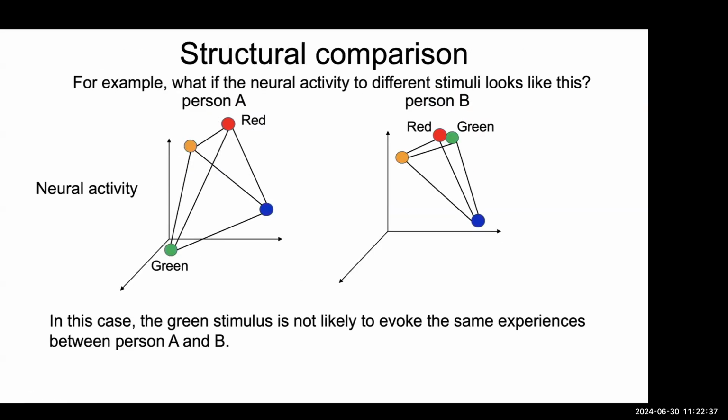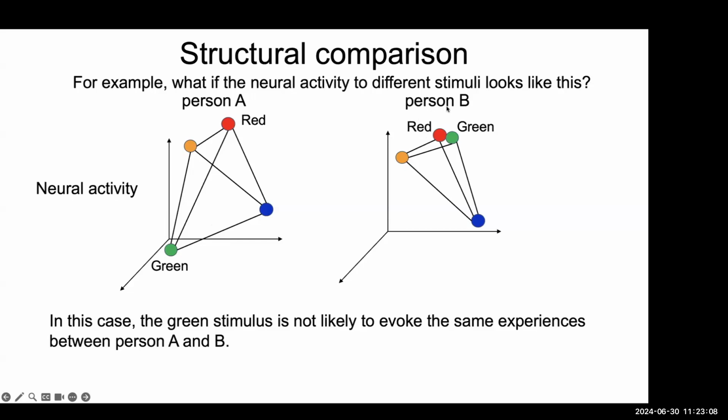For example, what if the neural activity to different stimuli looks like this? Like in person A's experience, something like this. This is person A's neural activity, in some dimensions of neural activity. And then we map the relations between neural activity in this space in person A, and we get the relations in person B, but these relations are really different.